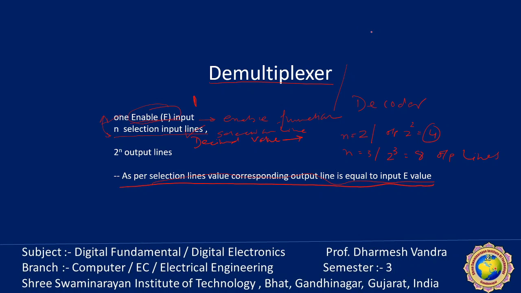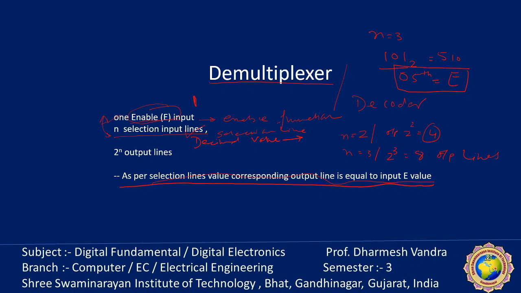Suppose n equal to 3 and my selection input is 101, this is equivalent to 4 plus 1, 5 in decimal. So the fifth output line equals enable E. This is as per the definition.